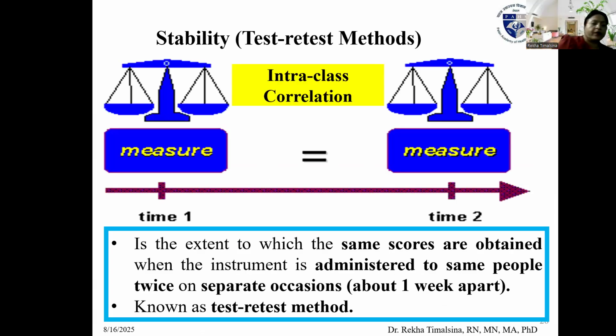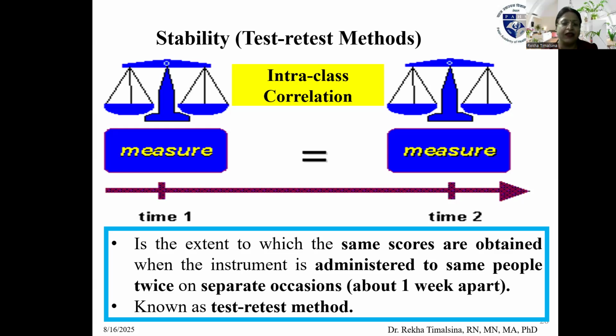Now, moving to the stability or test-retest method, it refers to the method of assessing reliability that examines whether an instrument can produce consistent results upon repeated administration.